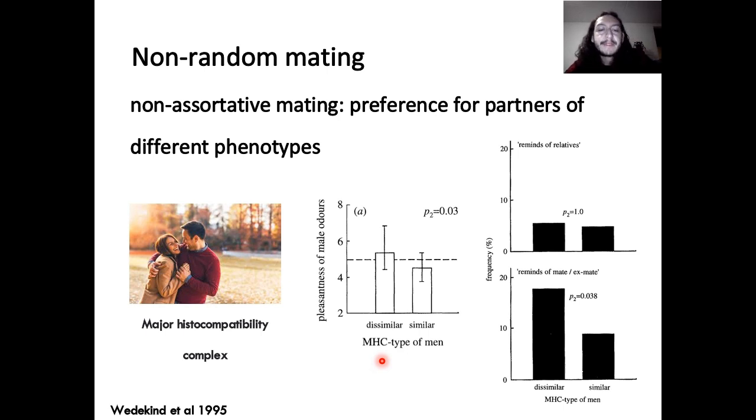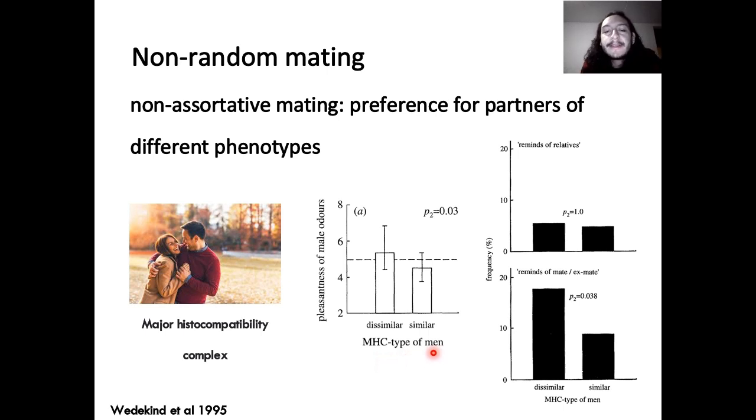And the more diverse these genes are, the more covered the person is against different diseases or different pathogens. So when they did the study, they basically got the odor of sweat of different men, and they gave it to different women to smell and to then rate their preference for different smells.